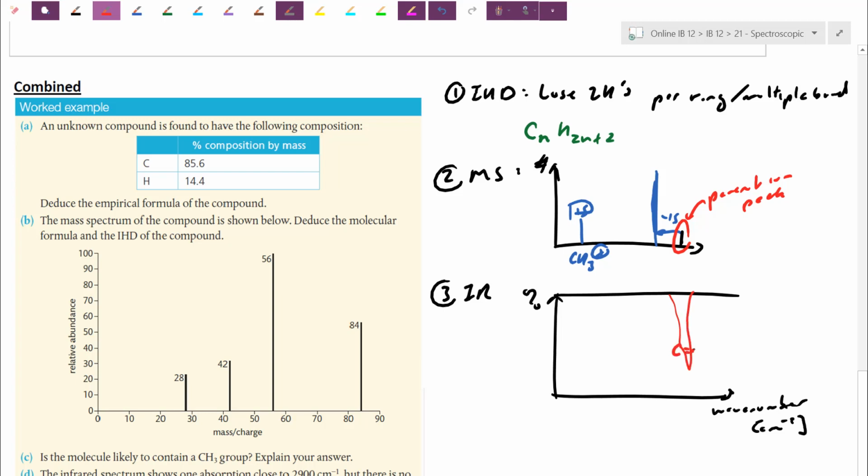Maybe I have a C=O absorb at a particular wave number here. Obviously, you can find, oh, here's the wave number, what bond do I have? The other thing you can look for is what's not present. So we saw for hydrogen bonding there should be a broad peak. If it's not present, we can also identify, okay, well, probably I don't have hydrogen bonding.